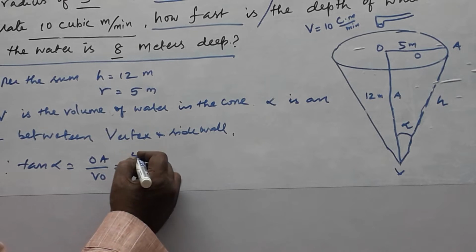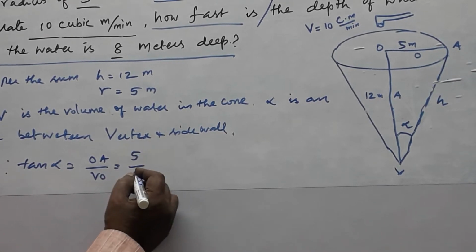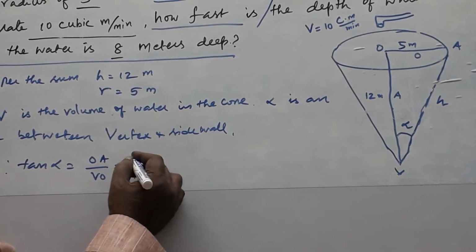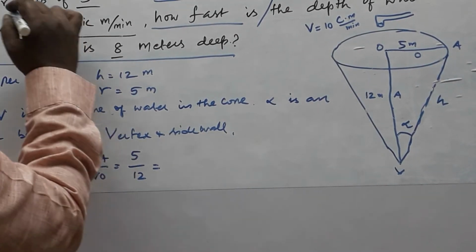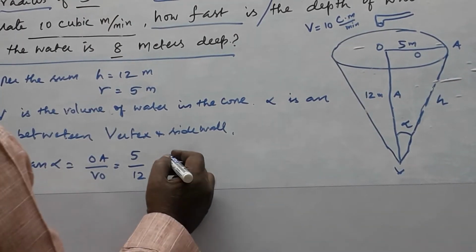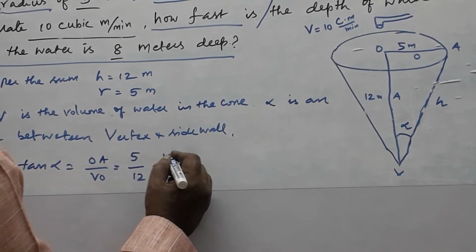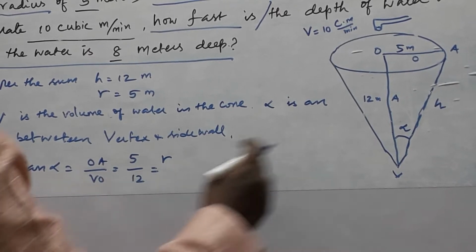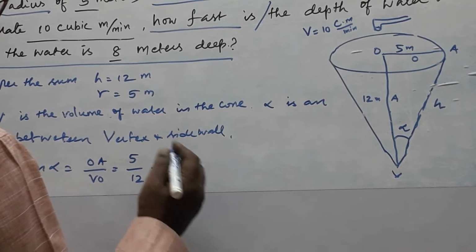OA is equal to 5 by VO is equal to 12. That 5 is the radius, the given value, so we can substitute the value of R. And 12 means vertex height. Are you clear?